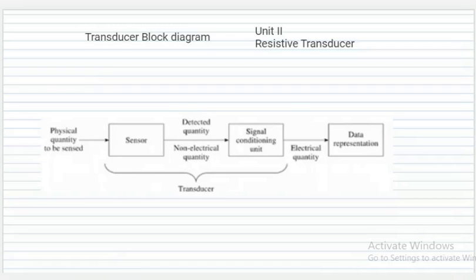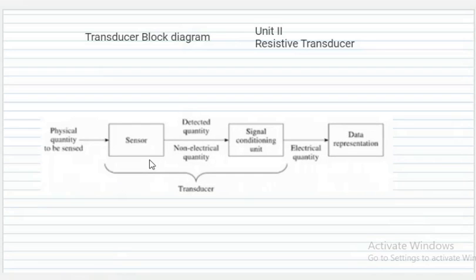The quantity under measurement is applied on the sensor, which transforms the actual physical quantity into an intermediate form.